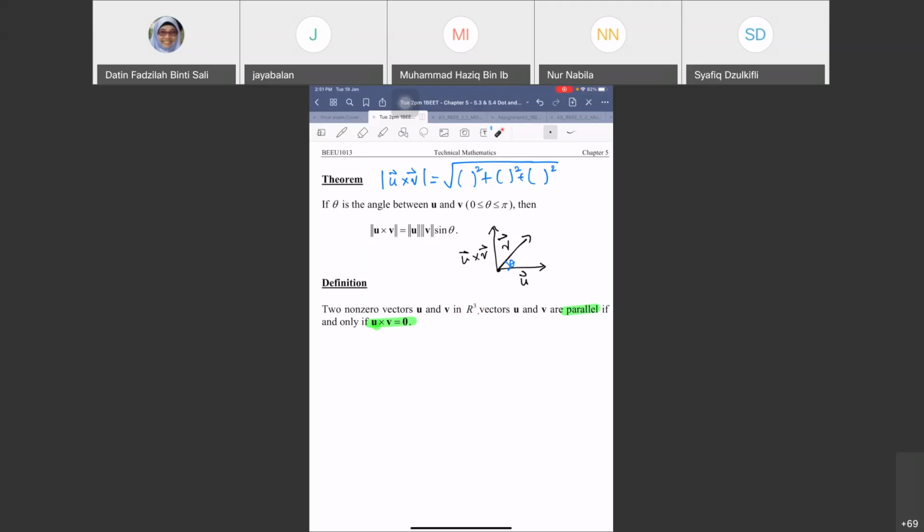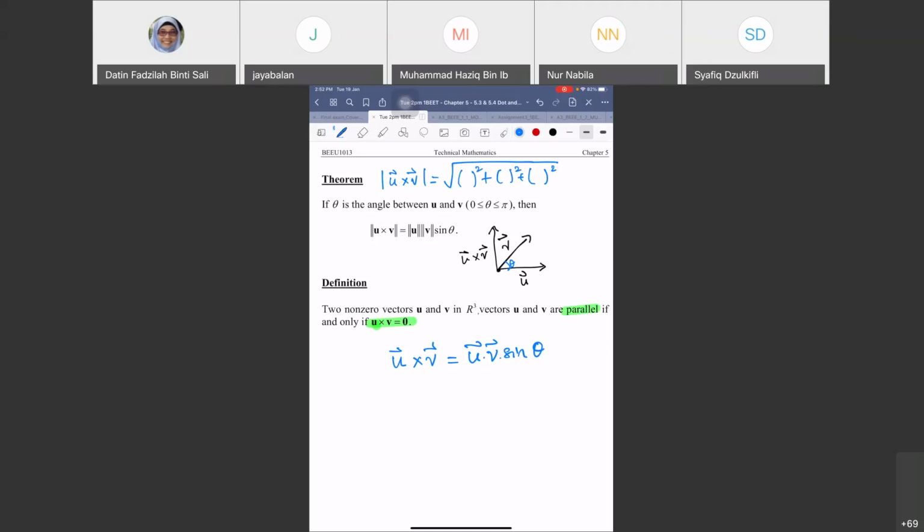Why is that? If u cross v equals 0, that means the vectors u and v are parallel. Back to the definition of the cross product from the geometric illustration: u cross v equals the magnitude of u times the magnitude of v times sine theta.